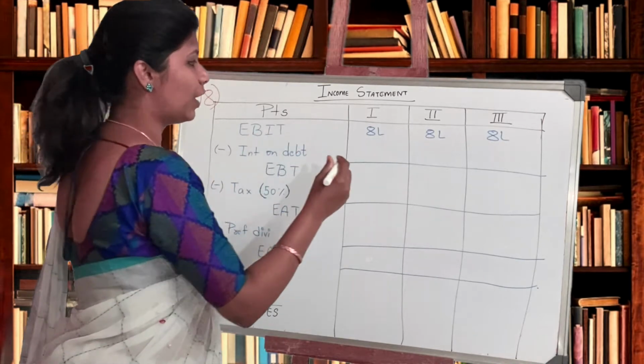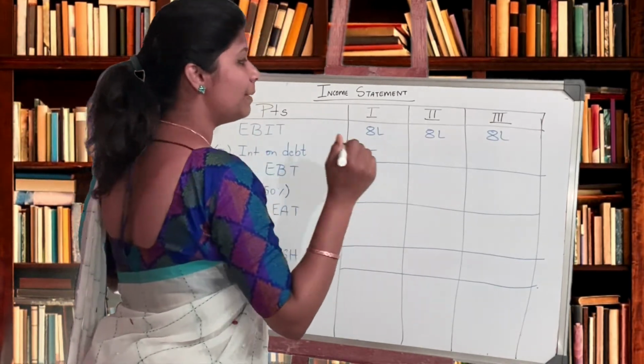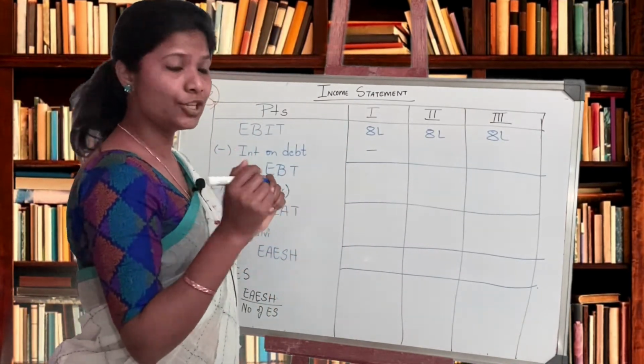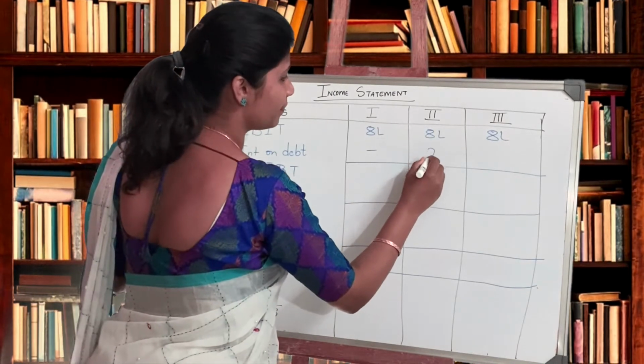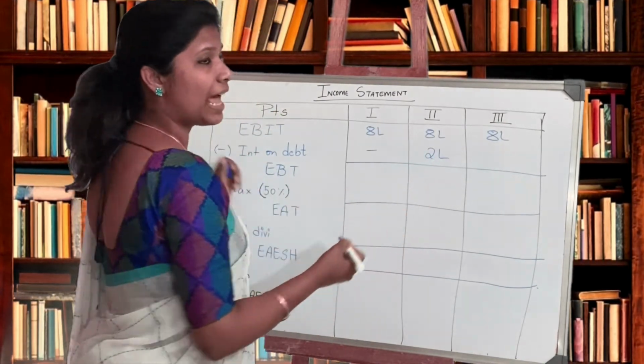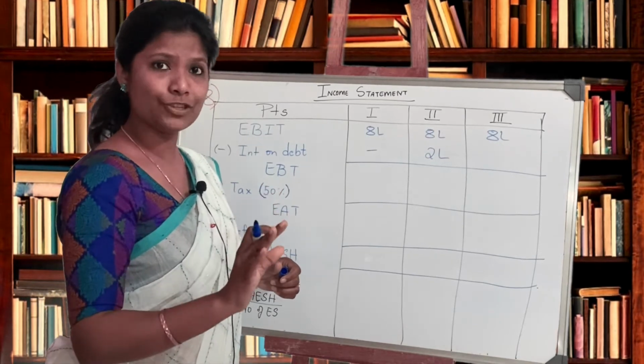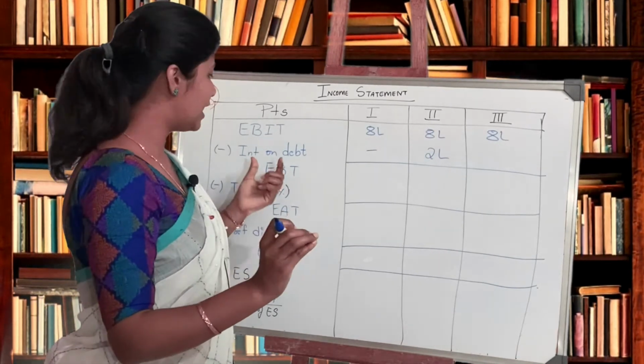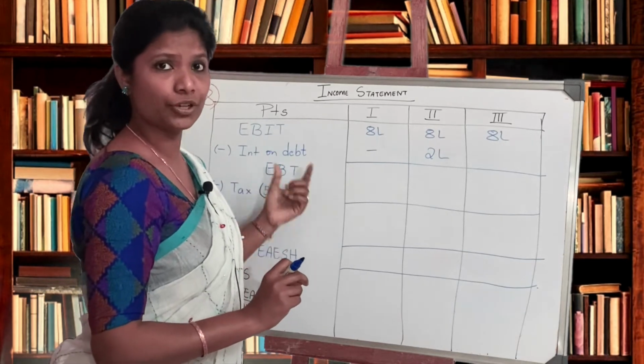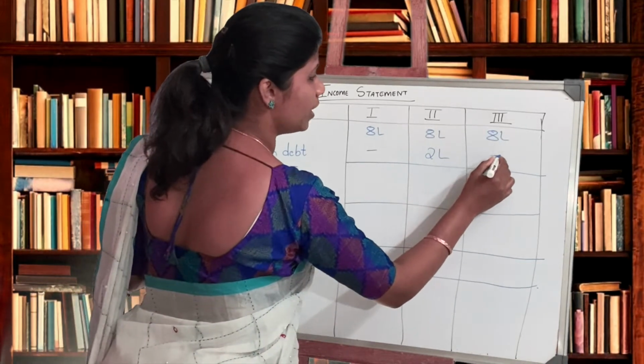Therefore, plan 1 we do not have debenture. Plan 2, what is the interest on debenture we found out? Rupees 2 lakh. Plan 3, what was it? Complete preference share. There is no debenture. If there is no debenture, there is no interest on debenture. So therefore it is nil.